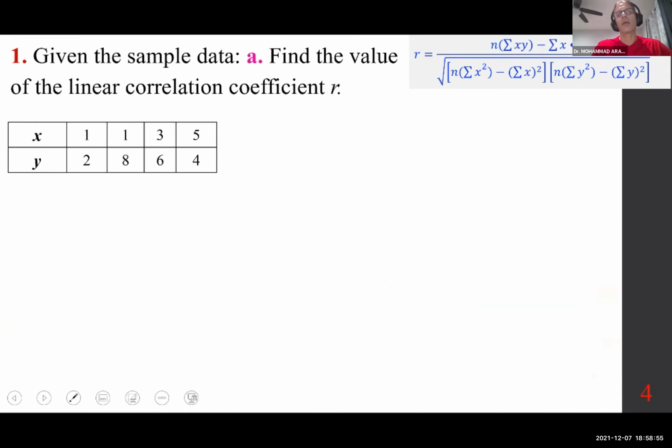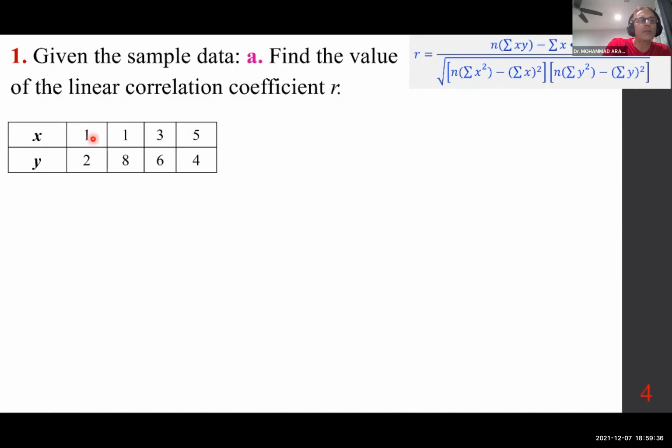As you can see, the formula for R, the linear correlation coefficient, is n summation of x, y, minus summation of x times summation of y, over the square root of the brackets n summation of x squared minus summation of x quantity squared times the second bracket n summation of y squared minus the summation of y quantity squared. It's a pretty complicated formula, and that's why nobody expects you to do this by hand. However, because n is extremely small here, we have only just 4 pieces of data. Let's see how we do this by hand.